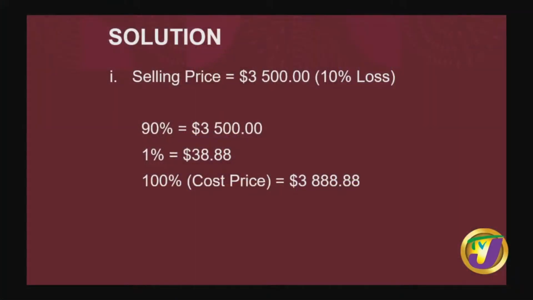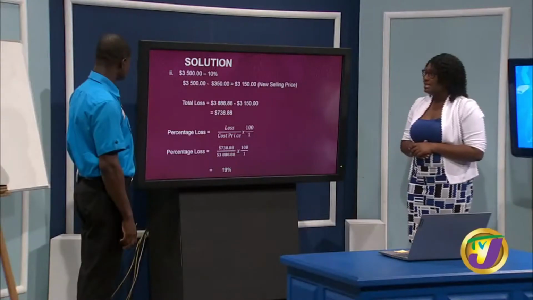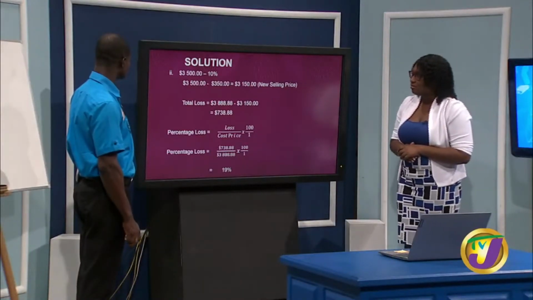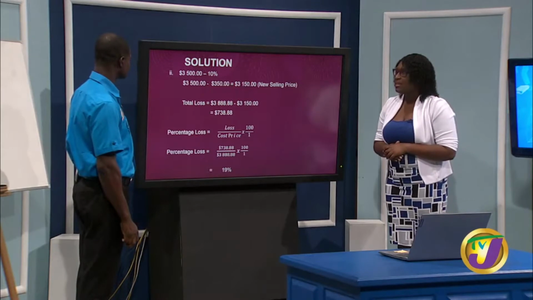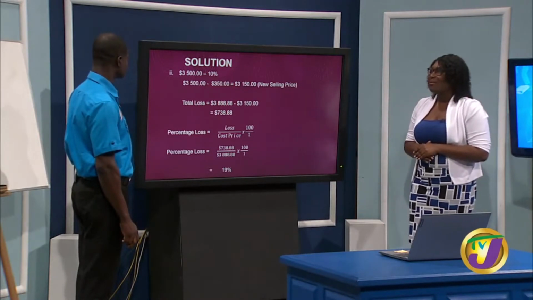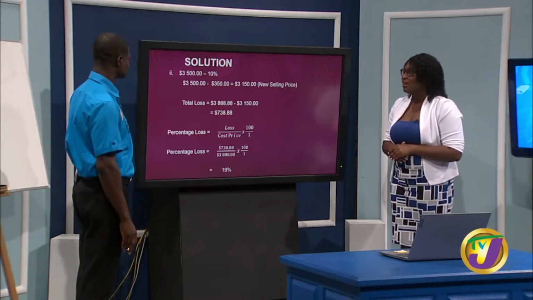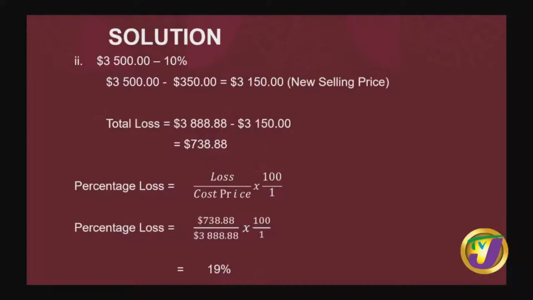If I sold my shoes for $3,500 and I bought them for $3,888.88, it means that I would have sold the shoes for $738.88 less, right?